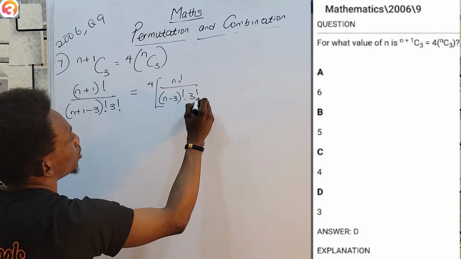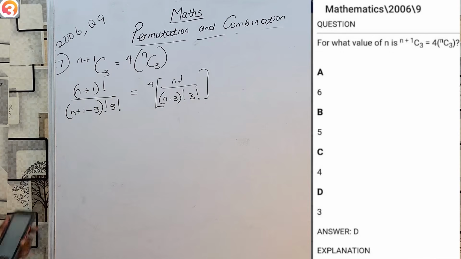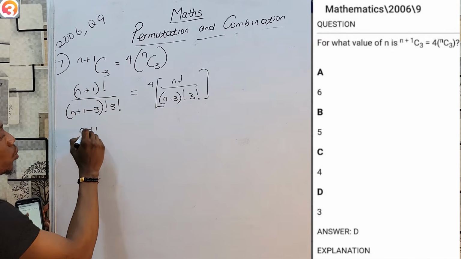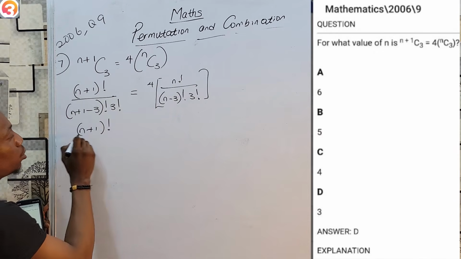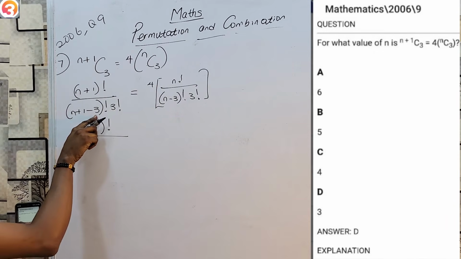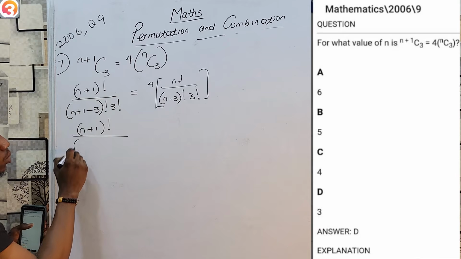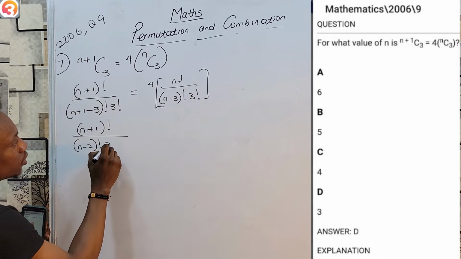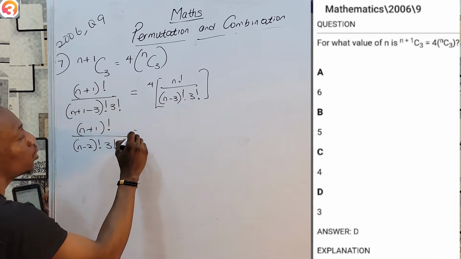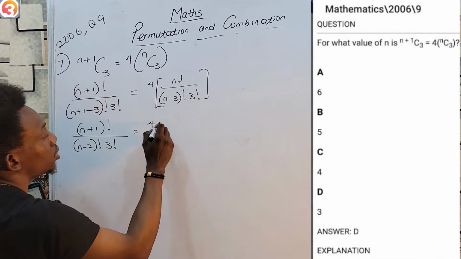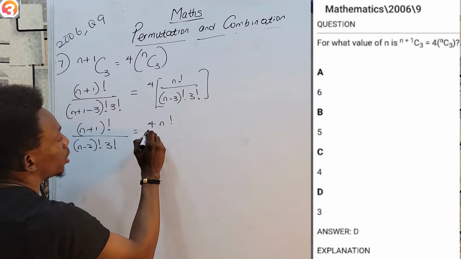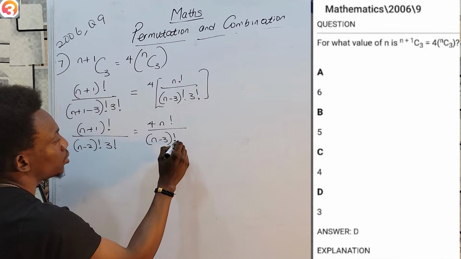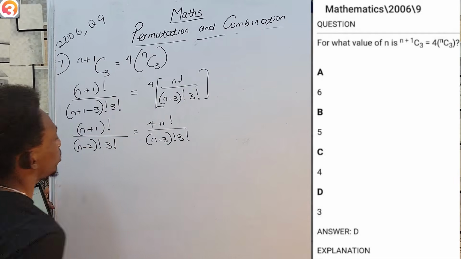Okay, so let's see what we can do. This is going to be n plus 1 factorial over n minus 2 factorial, 3 factorial, equals 4 times n factorial over n minus 3 factorial times 3 factorial.